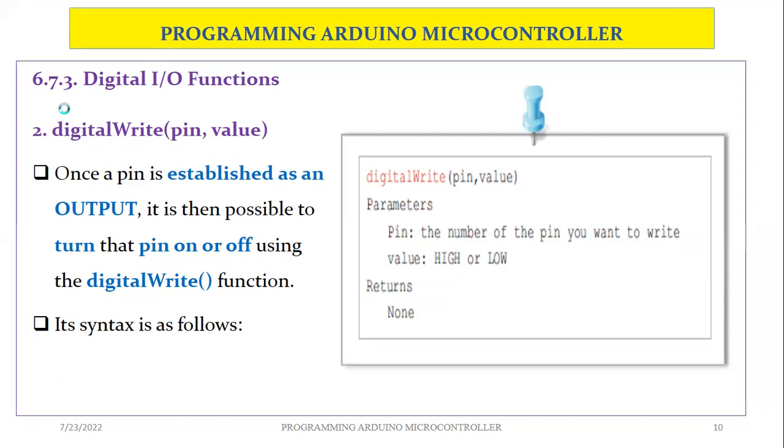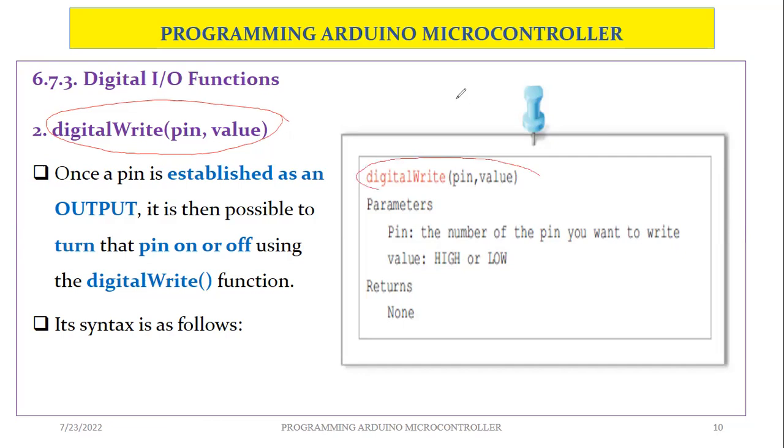So digitalWrite is used where we have configured a digital input output pin to be used in the output mode, and we want to set the pin high or low, basically turning it on or off. When we give it a high signal, the pin is said to be turned on. When it is issued with a low signal, we say it is turned off.